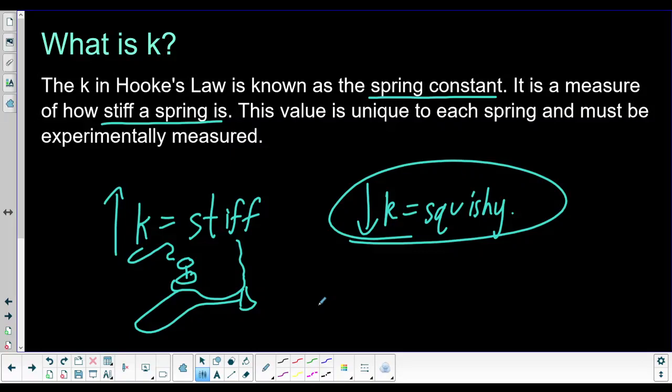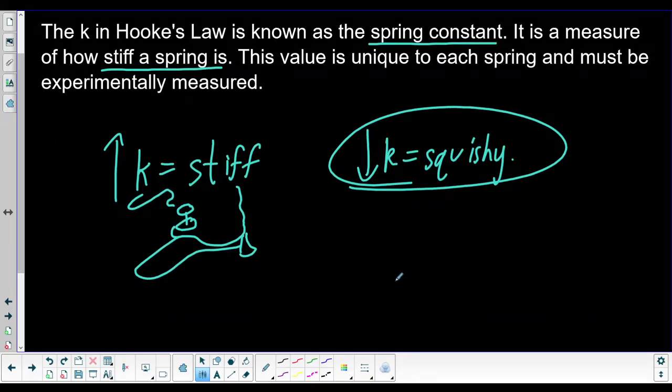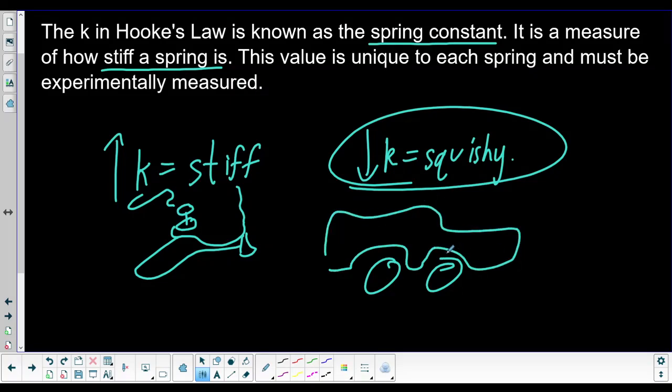Another type of spring we could think about would be something in your car. This wheel has a suspension on it, and inside there you can see springs. The back probably has a leaf spring, but the front usually has a coil spring.